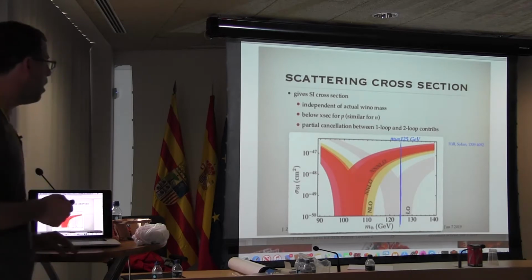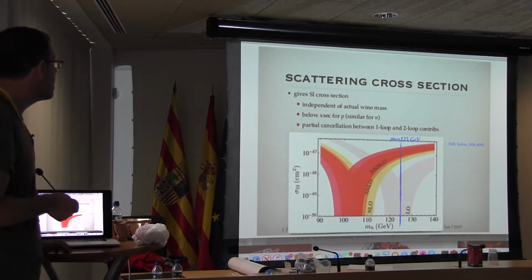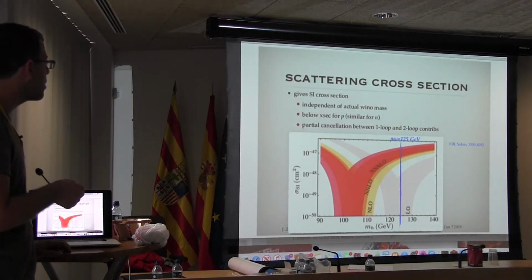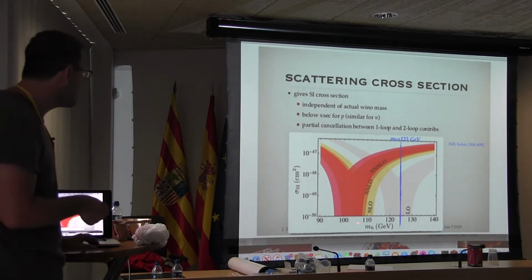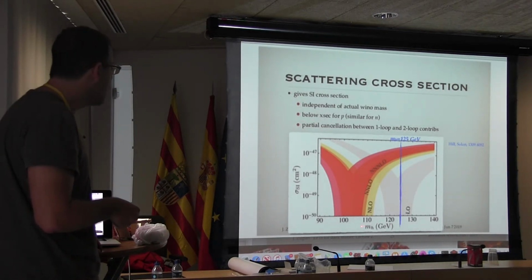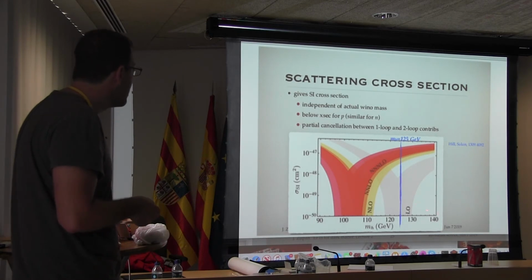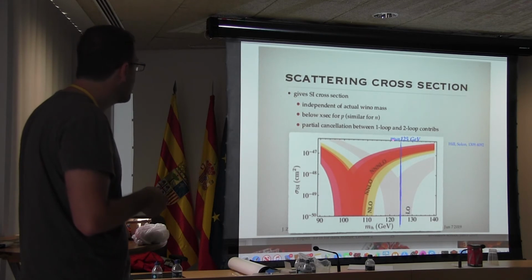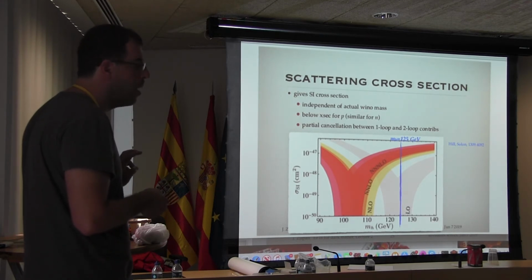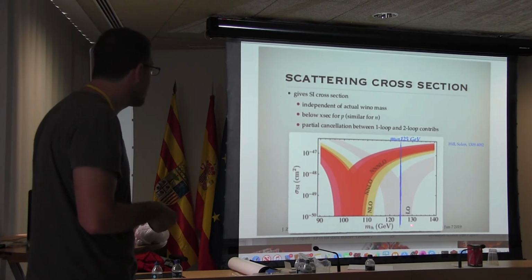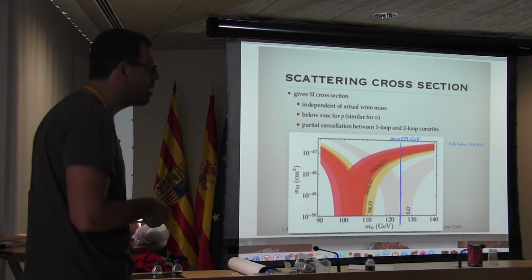All right, so the end result is the scattering cross section. What's shown here is a function of the mass of the Higgs. The reason I'm showing this is that it highly depends on the Higgs mass. These two types of contributions from 1 loop and 2 loop cancel against each other, and the cancellation is almost perfect at leading order.